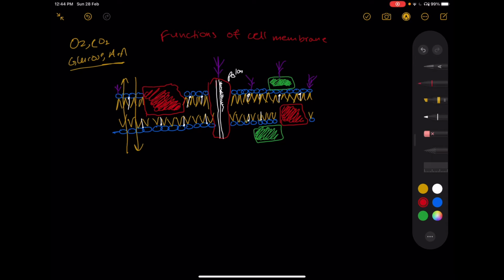Whereas this area, because it is embedded in the phospholipid bilayer adjacent to the hydrophobic tail, has non-polar amino acids, so that it remains stuck to the phospholipid bilayer. Because this channel is surrounded by polar amino acids, polar compounds like glucose and amino acids can diffuse in or out through these proteins. This is called facilitated diffusion because the diffusion of glucose or amino acid is facilitated by this protein.